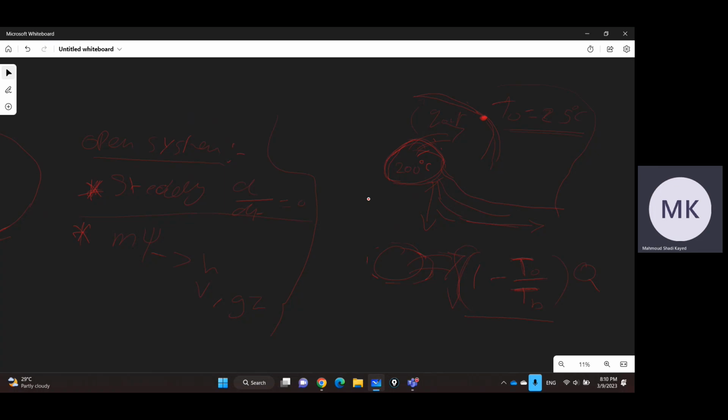Now if we extended our boundary to the case where the boundary will be at the same temperature as the environment, this will be 1 minus T naught over the boundary temperature, which in this case is also T naught.